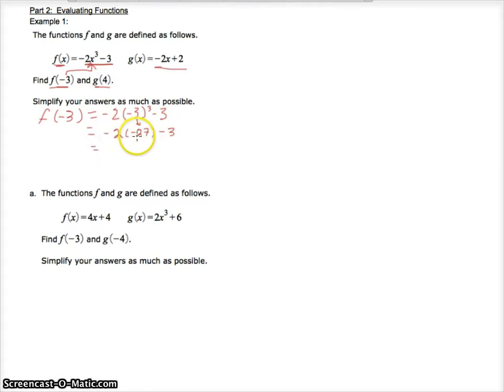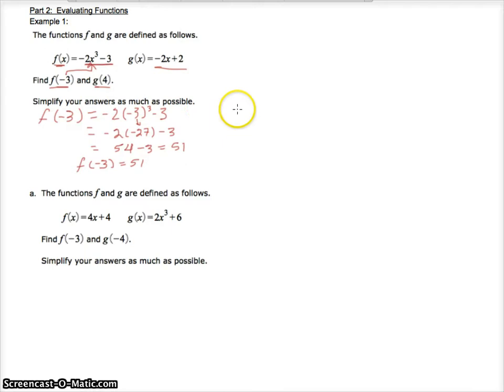Negative 2 times negative 27 is positive 54. 54 minus 3 equals 51. So f of negative 3 is 51.